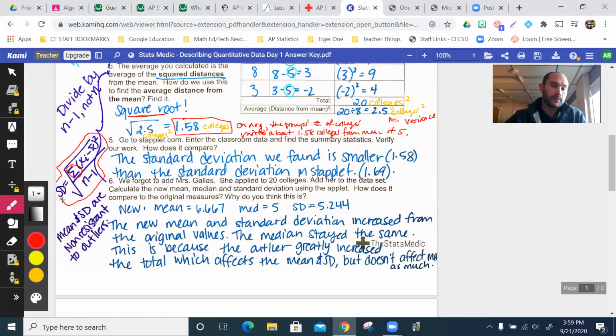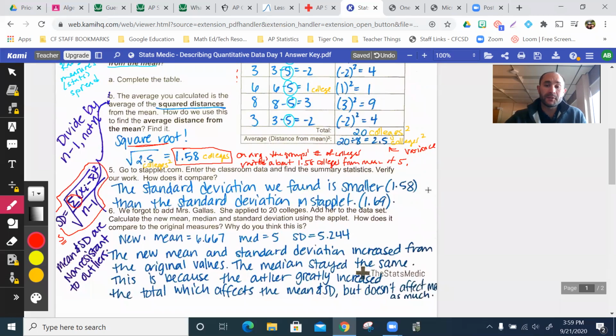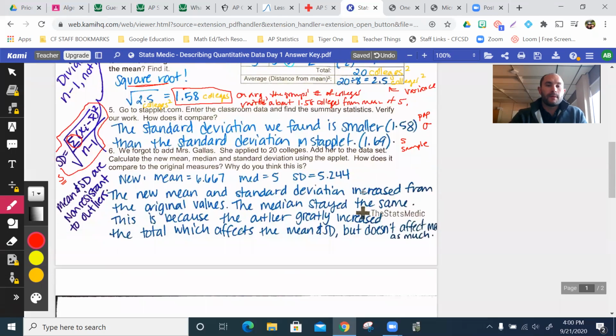But we typically denote standard deviation either with SD or, for a sample standard deviation, as lowercase s. The population standard deviation is denoted as sigma. So this is the population standard deviation, and s is the sample standard deviation. That's the notation we have.